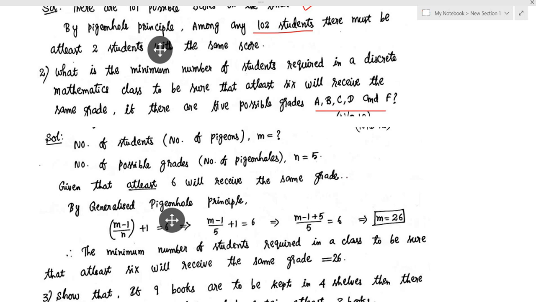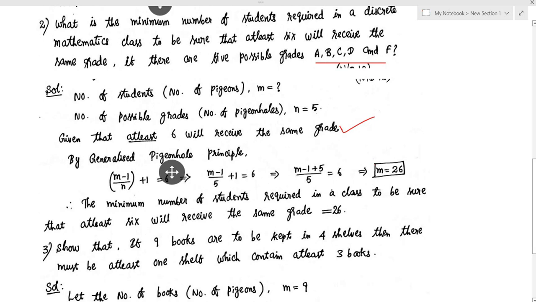And one more thing is given in the question: at least 6 will receive the same grade. Hence, by the generalized pigeonhole principle, we are going to determine the m value now. (m minus 1) divided by n, plus 1, is equal to, right hand side, 6 here.